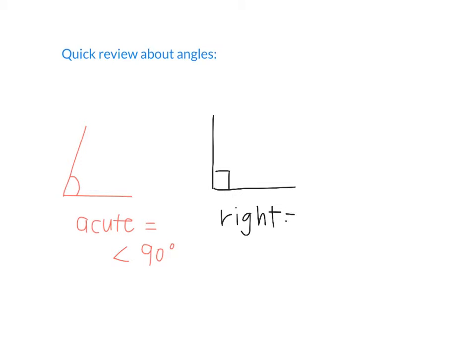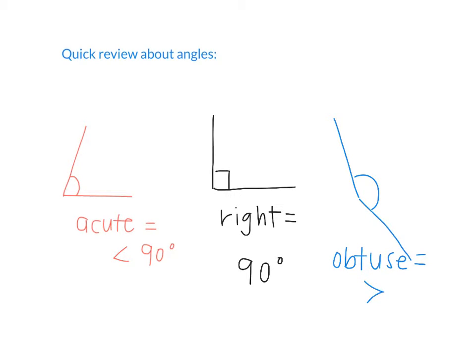And a right angle measures exactly 90 degrees. Sometimes you might have a line segment like this and a line segment like this. They also form an angle, don't they? Is this one more or less than 90 degrees? More. And so we call those obtuse angles. Obtuse angles are angles that are greater than 90 degrees.